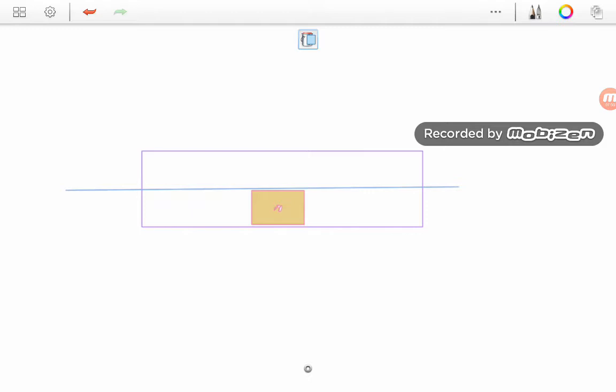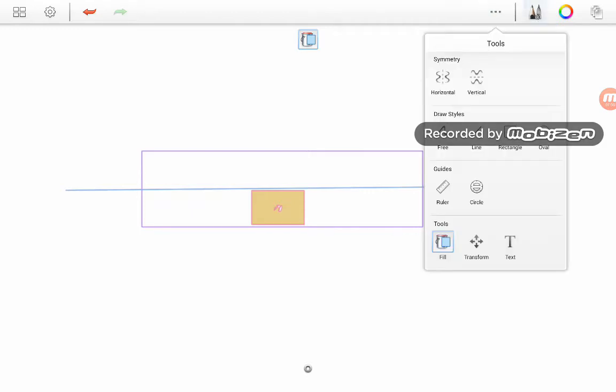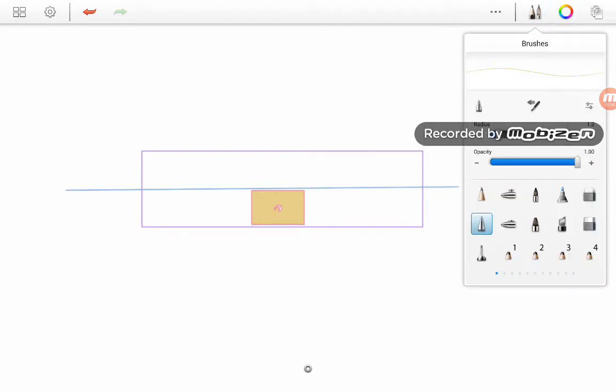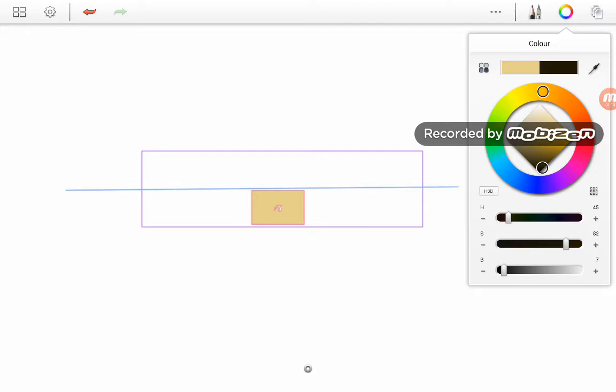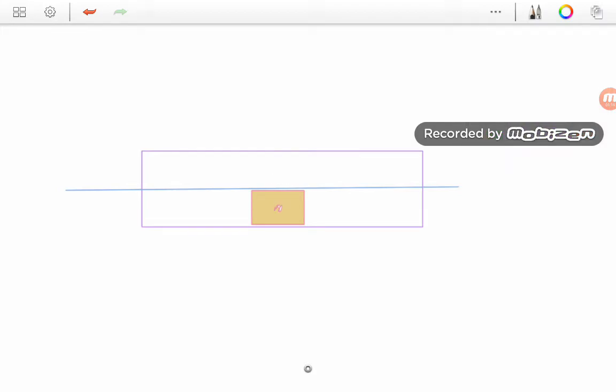Initially, what we have, this was the center of gravity, and here was our initial center of buoyancy.